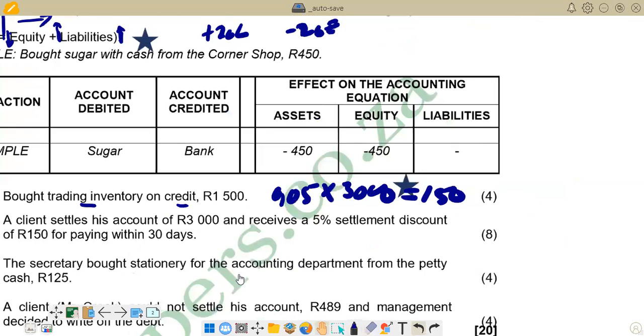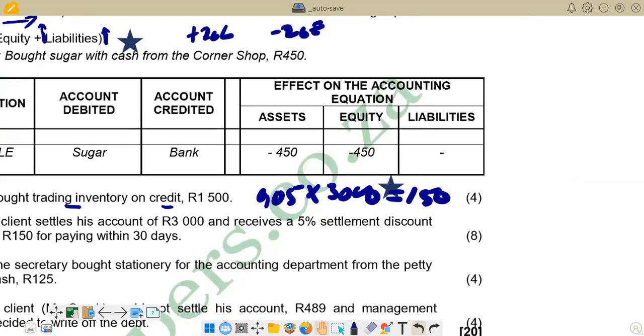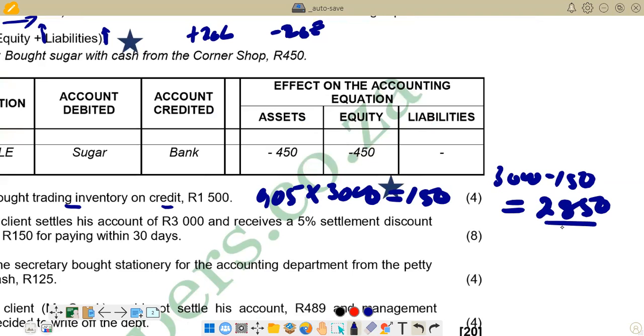To get the net figure, we say 3,000, then we subtract 150, and we get 2,850, right? So this is the amount that is going to be received. The other portion, which is 150, is going to be the discount. Remember, there are sales that have taken place. So we have 2,850 being received, then the remainder 150 is going to be discount.